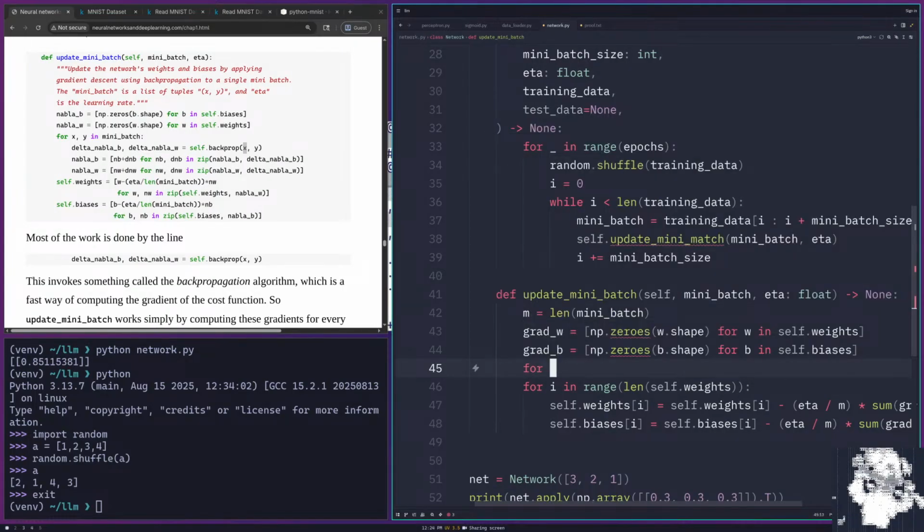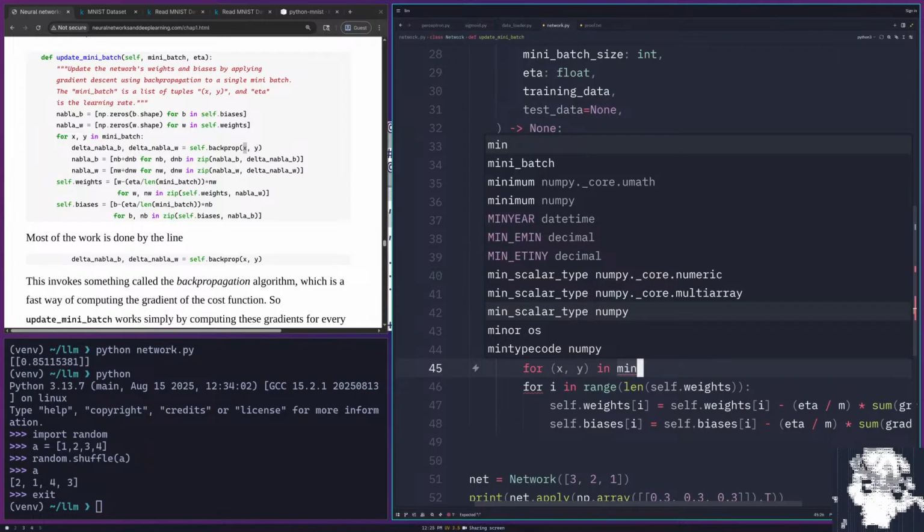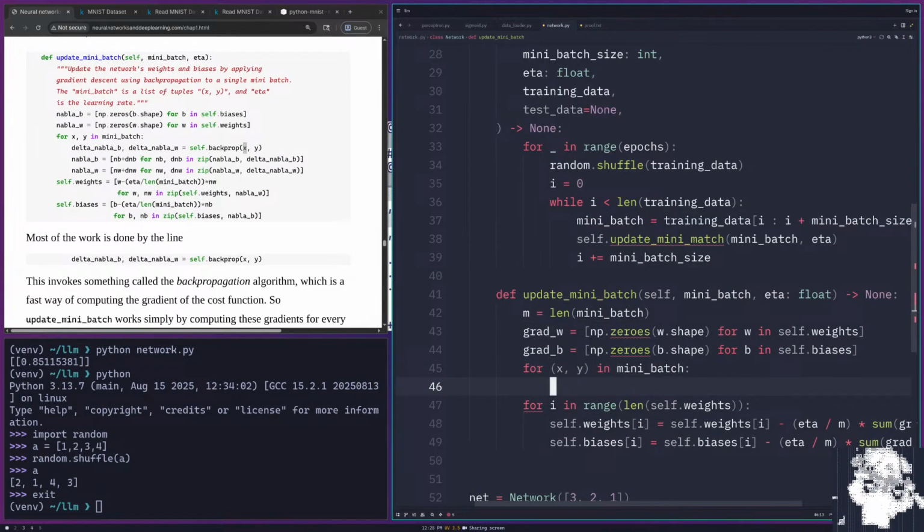So for x, y in mini batch. For each example, x is an image, and y is a label, a number between 0 and 9.